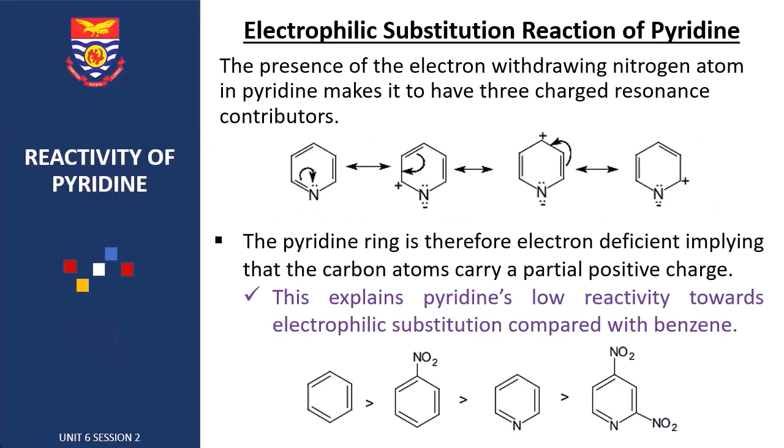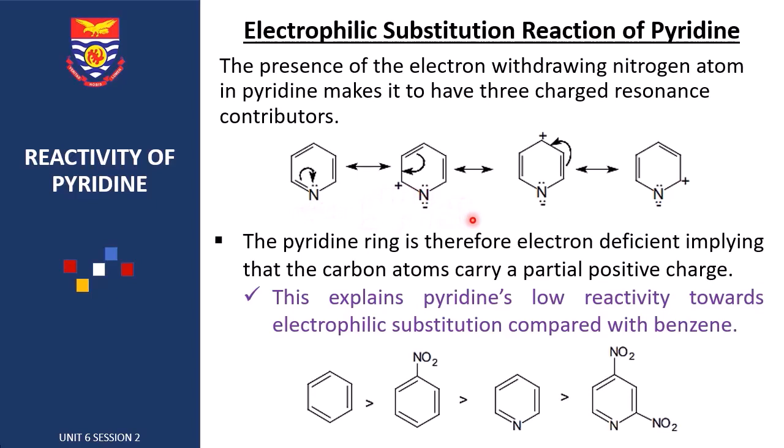So, quickly, let's kickstart. Electrophilic substitution reactions of pyridine is the first thing we are going to be looking at. The presence of the electron withdrawing nitrogen atom in pyridine gives it 3 charged resonance contributors. These are the resonance structures that can be obtained from pyridine, and out of the 4, 3 are charged.